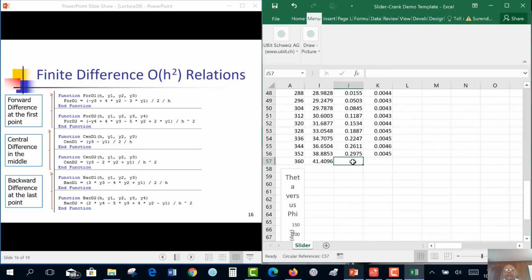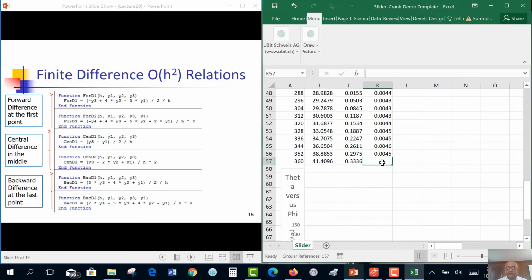So in the last one, we will put in our formula backward difference 1, h, and it needs 3, y1, y2, y3. So we start counting y1, comma, y2, comma, y3. Okay.